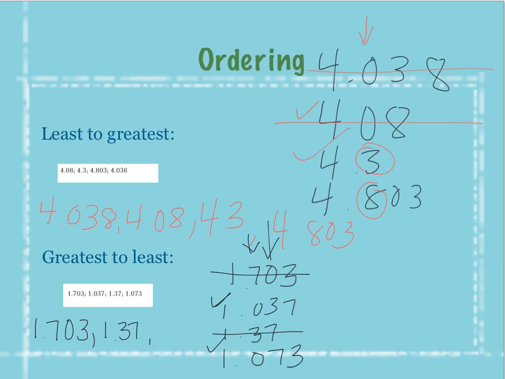So if I look over in the hundredths place, I can see one has a 3 and one has a 7. So obviously the one with the 7 is going to be greater. So then 1 and 73 thousandths is the next choice. And then finally, I ran out of room over here, I have 1 and 37 thousandths would be last because it is the least.